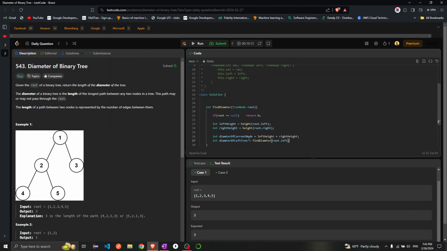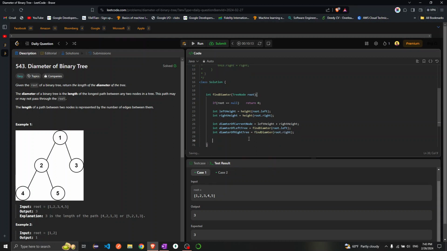I'll explain why I am doing this right now. Now what I'll do is I'll just return the Math.max of the diameter of current node, comma Math.max of diameter of left tree, comma diameter of right tree.